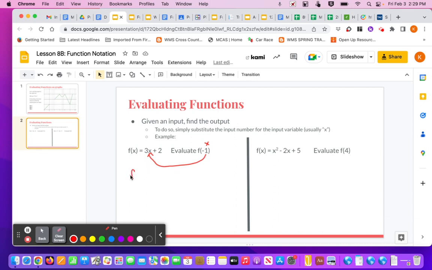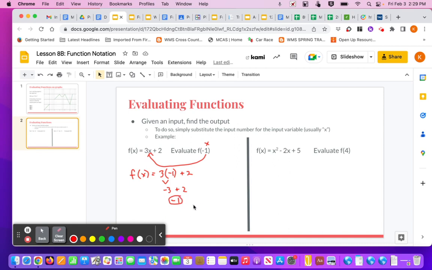If I do that, I learn that f of x is equal to 3 times -1, since x is -1 when I input that, and then I'm going to add 2. Using the order of operations, 3 times -1 is -3, plus 2. -3 plus 2 is -1. That's your output.